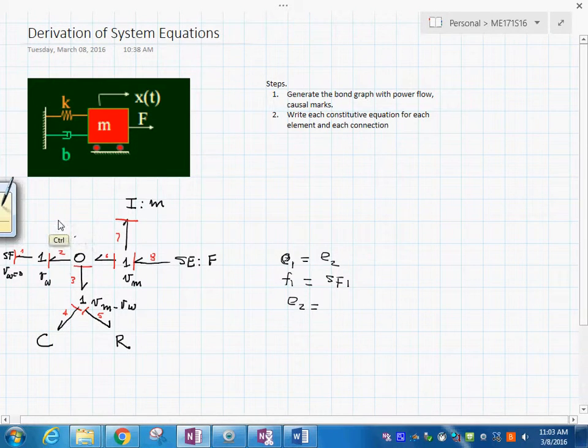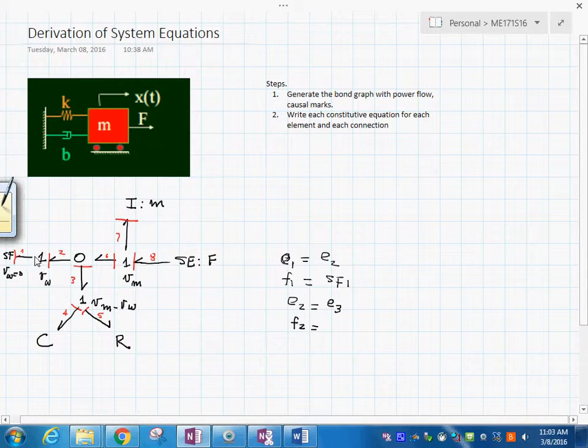Because that's what causes the effort, that's what determines the effort. So this is E sub 3. And what is F sub 2? The one that determines what F sub 2 is, is F1. Very good.